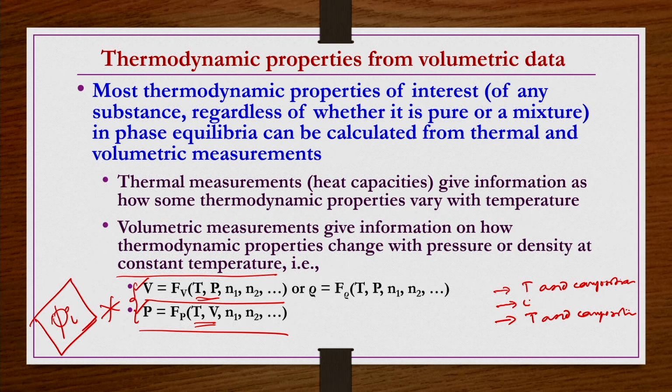We derive relations for phi with T and P as independent variables, and in the other case we obtain a relation for the same phi with T and V as independent variables. These relations we are going to derive now.